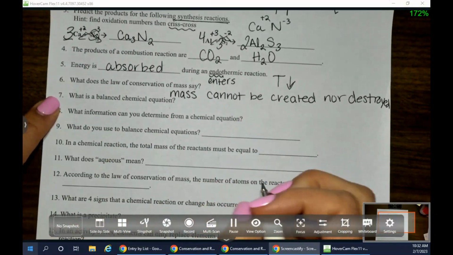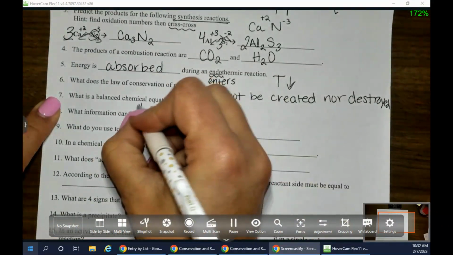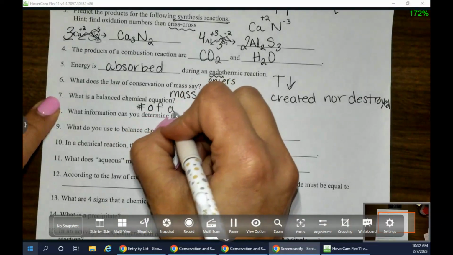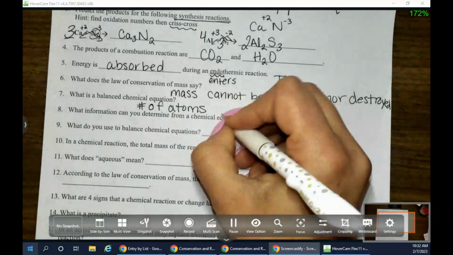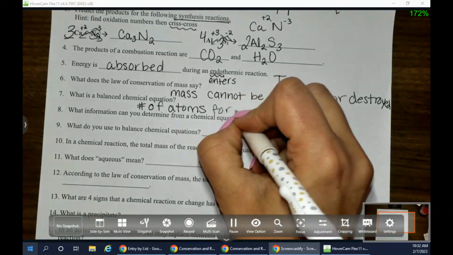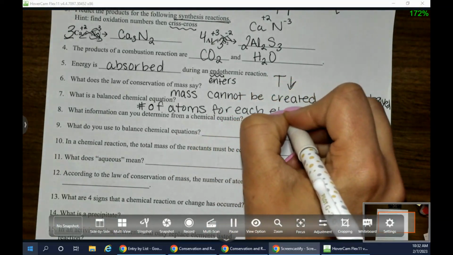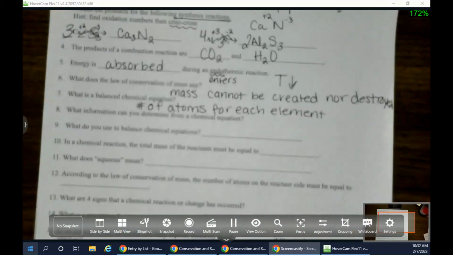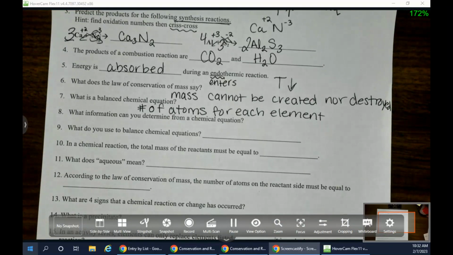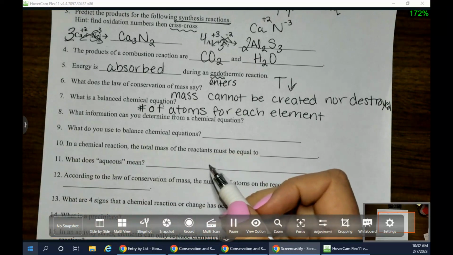Yeah, that's good. So the number of atoms for each element. So if I have 3 hydrogens on one side, I have to have 3 hydrogens on the other side. Okay? All right, number 8.